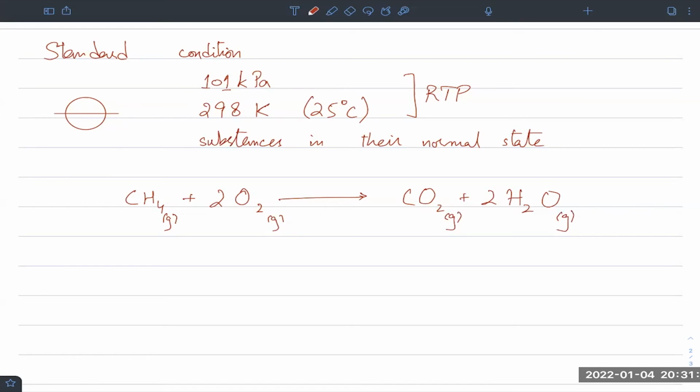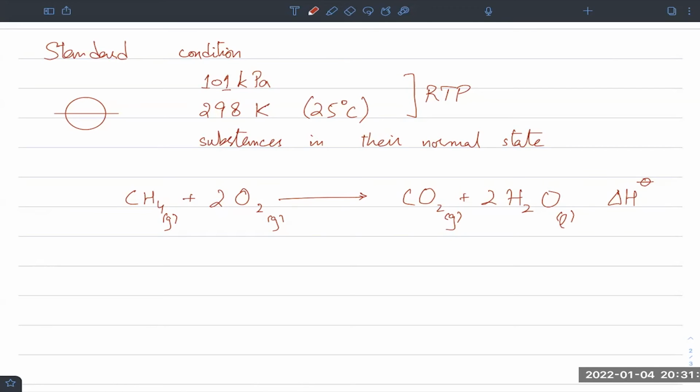In this case, I can just write delta H. I cannot write delta H with a standard symbol there, because unless I change this gas to liquid, it is not in its standard state. And now I can write this, and this is the standard enthalpy change.